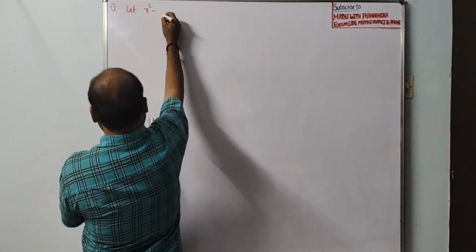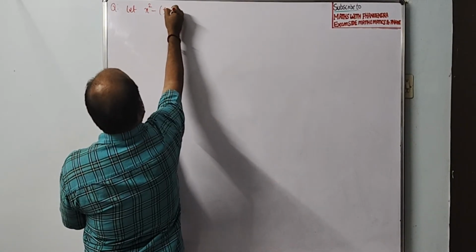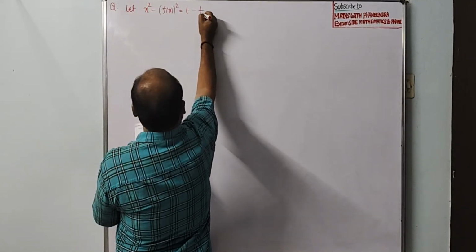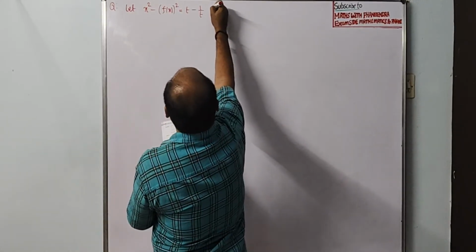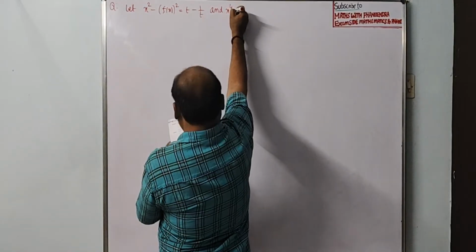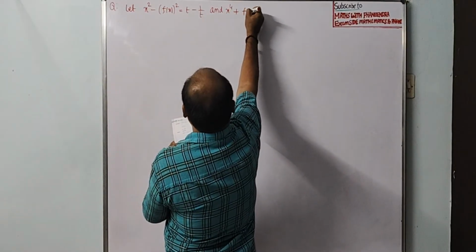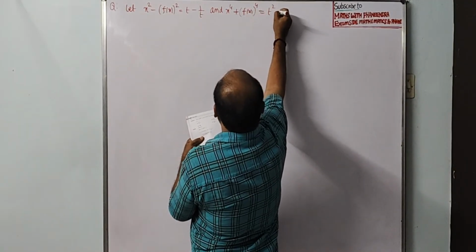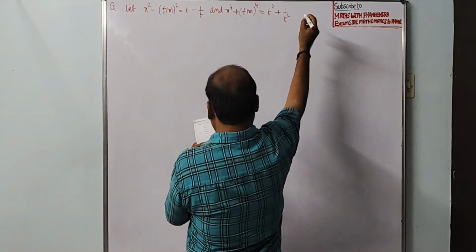Let x square minus f of x whole square equal to t minus 1 by t, and x power 4 plus f of x whole power 4 equal to t square plus 1 by t square.